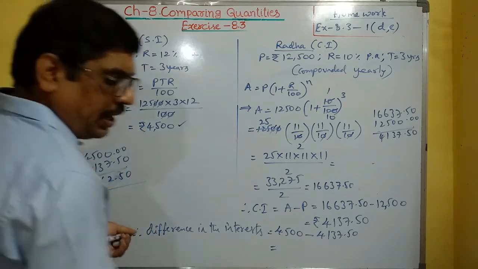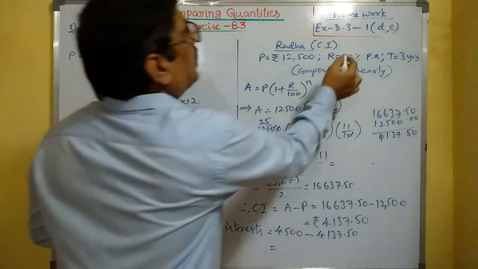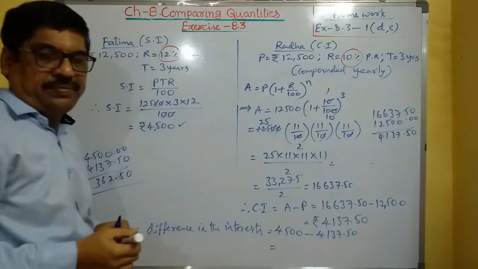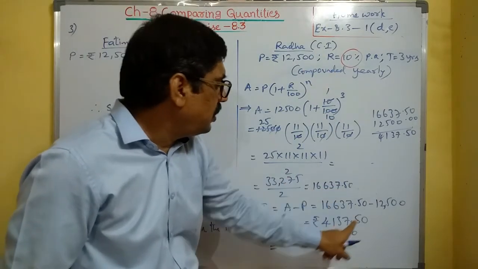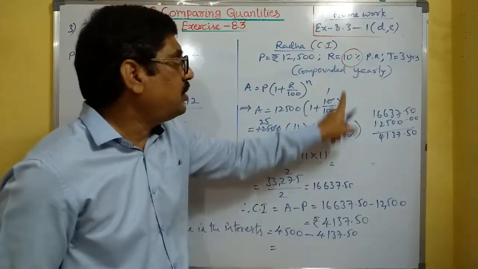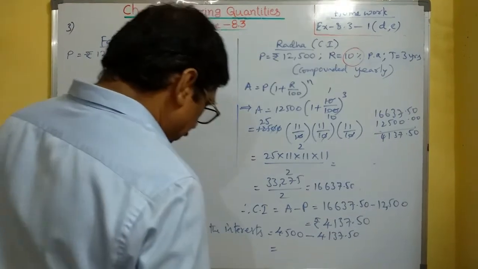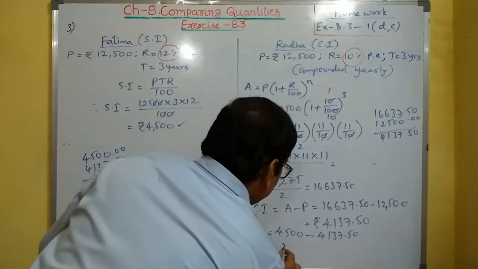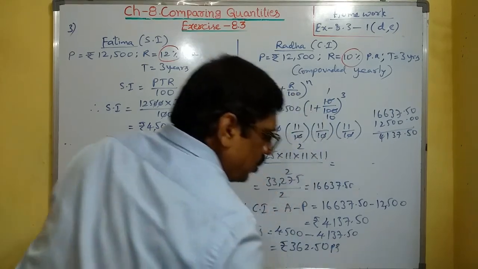Because here the rate of interest is 12%, but here the rate of interest is 10% only. Though it is compound interest, we got less interest at the end of 3 years because of this rate of interest. Okay? Therefore, what is the difference? 362 rupees 50 paise.